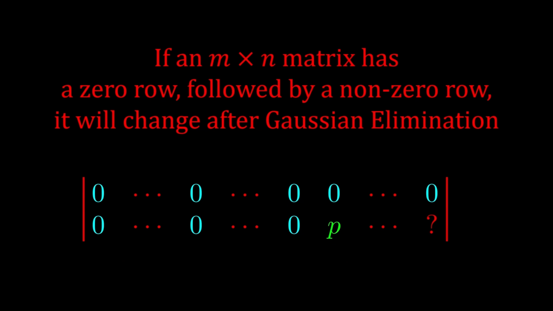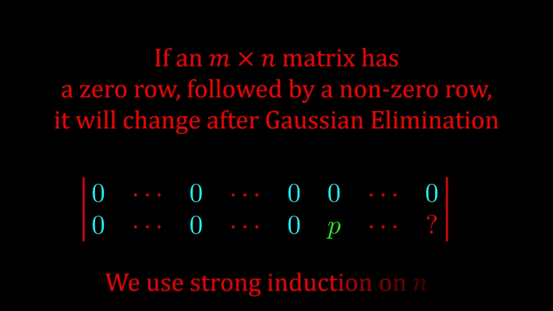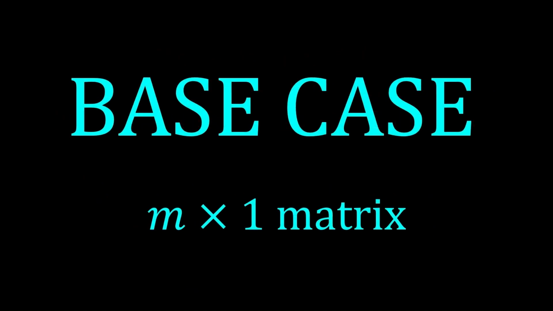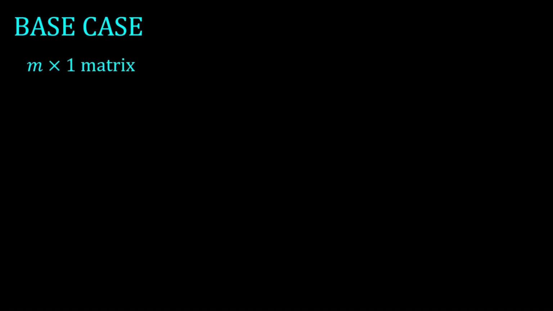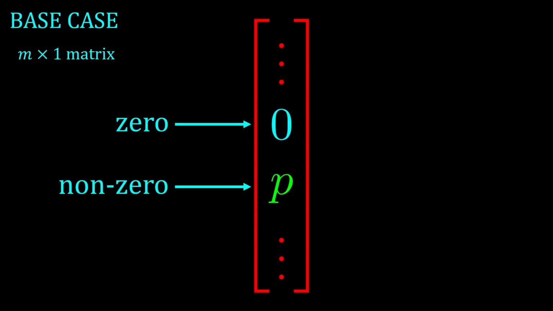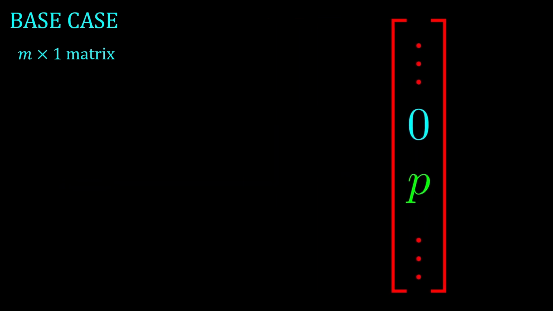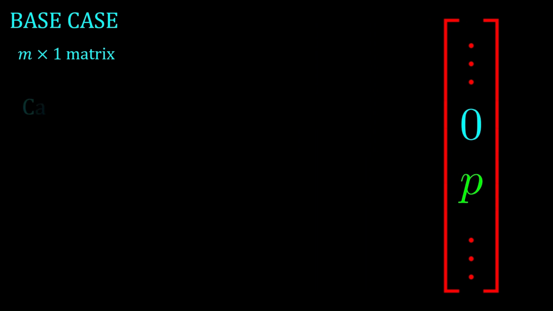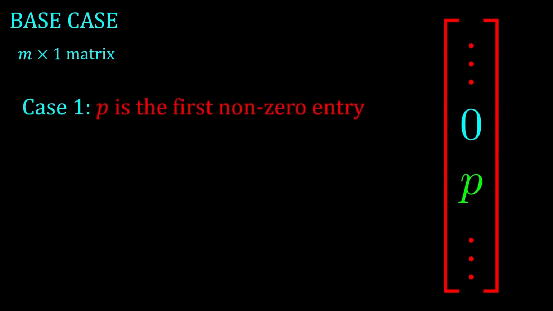And the way we're going to do it is using induction. Yes, we're going to induct on n, keeping m fixed. This is going to be pretty crazy. For the base case, we have an m by 1 matrix, which is just a vector in R^m, and it has m rows and, well, 1 column. And we have a zero row followed by a non-zero row. So I'm assuming P here is non-zero. Okay, so in one case, let's say P is the first non-zero entry, we'd need to show that Gaussian elimination will change this.